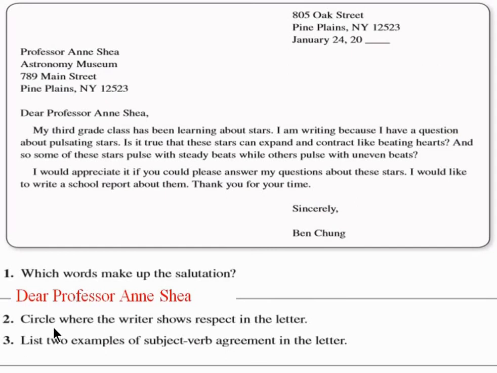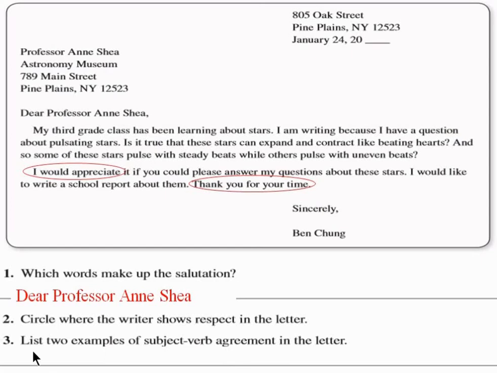Number 2. Circle where the writer shows respect in the letter. So you can find them on this part. The first one is, I would appreciate. The next one is, thank you for your time. So it shows respect.